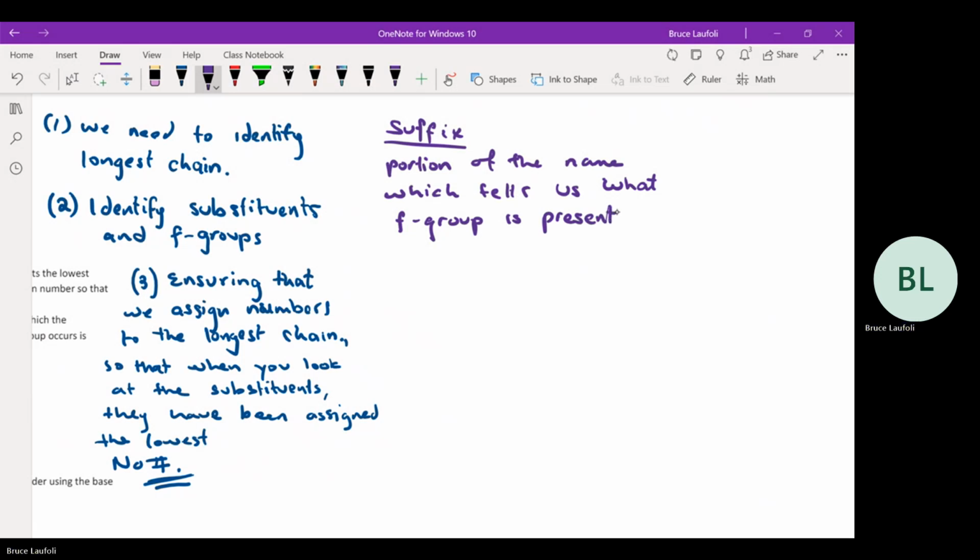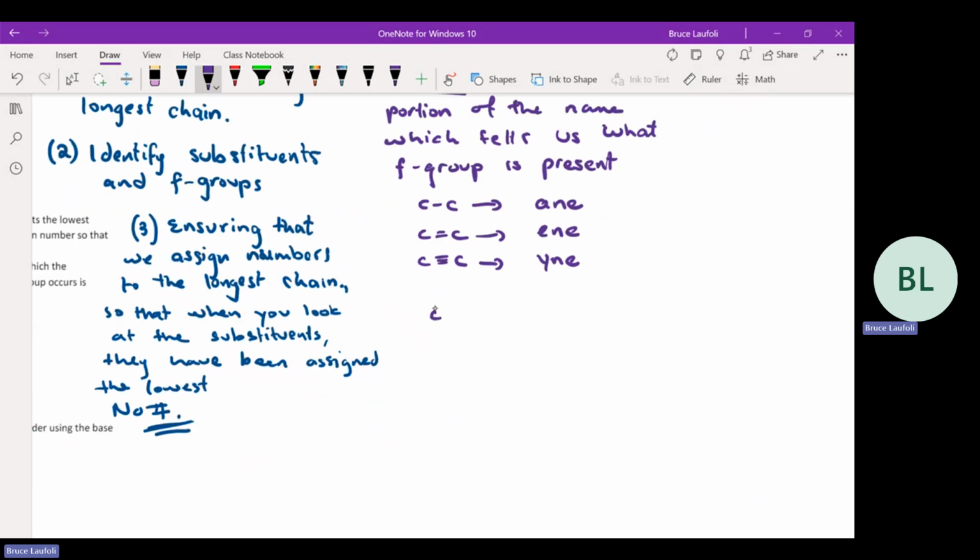So essentially, when you are looking at these compounds, if you see that we have the main functional group as an alkane, then you would see the suffix as -ane. If you see alkenes and alkynes, they would be -ene, and this is -yne.